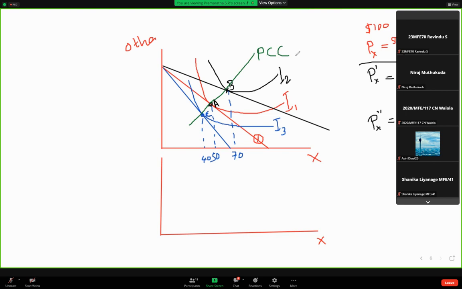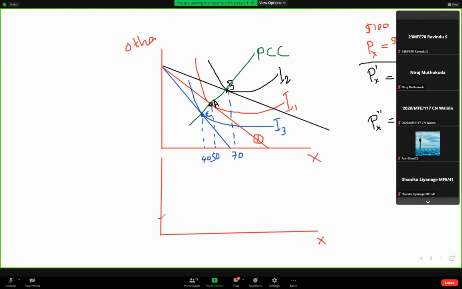We use another word too, price consumption path. The price consumption curve shows the direction in which the consumer moves, the optimal point. Using this PCC, we can derive another curve. So what I'm going to do is look at the different prices.